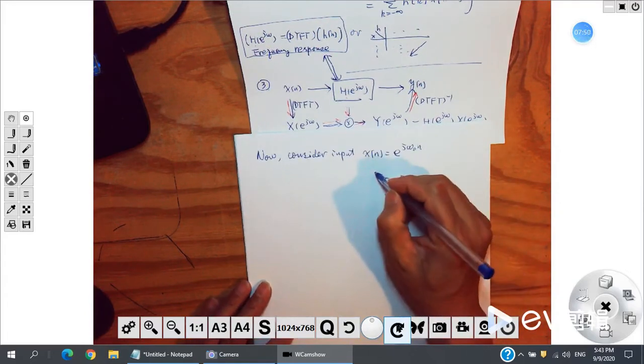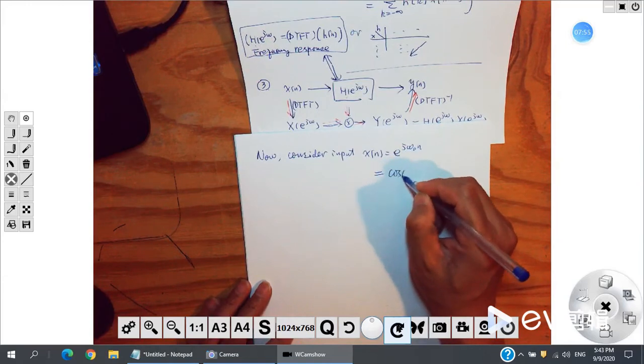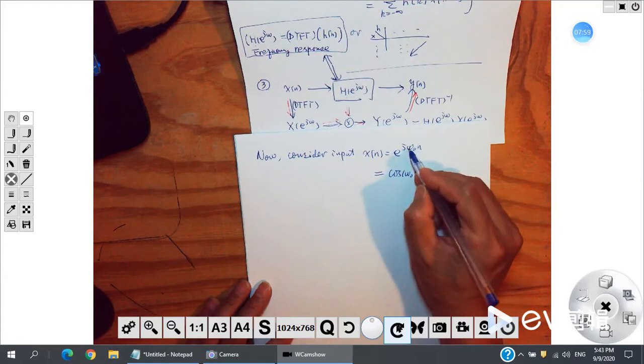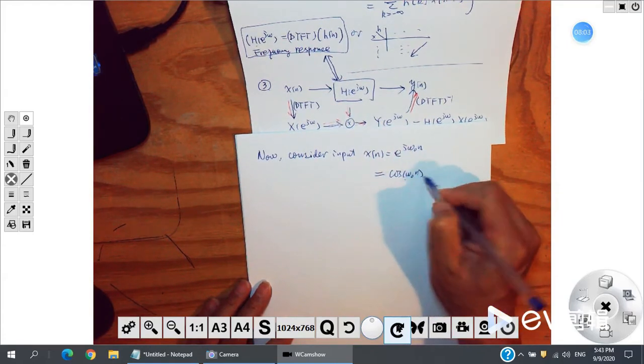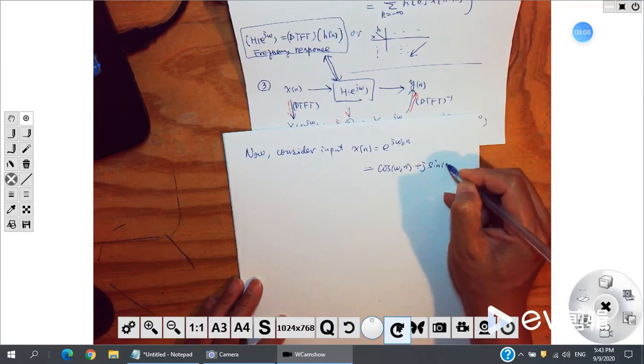This e to the j something means a cosine of that angle, plus j times the sine of that angle.